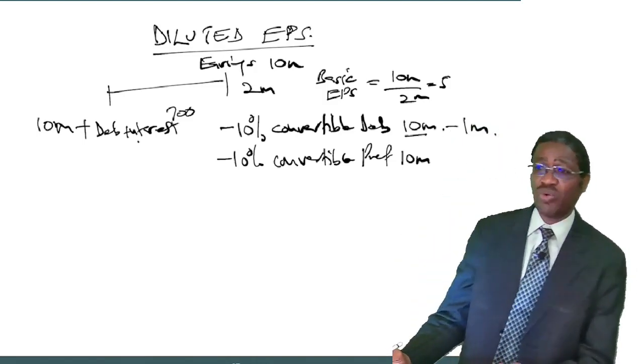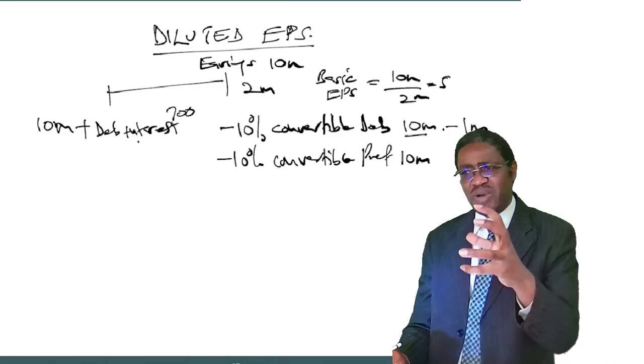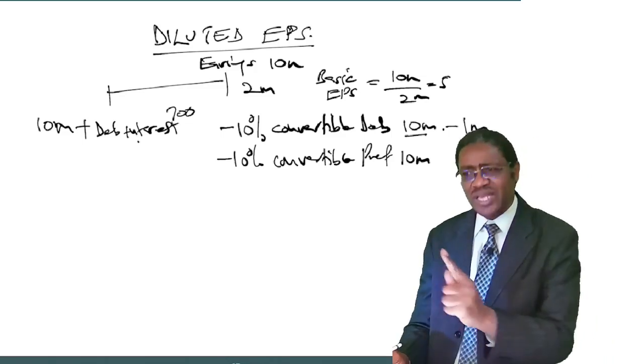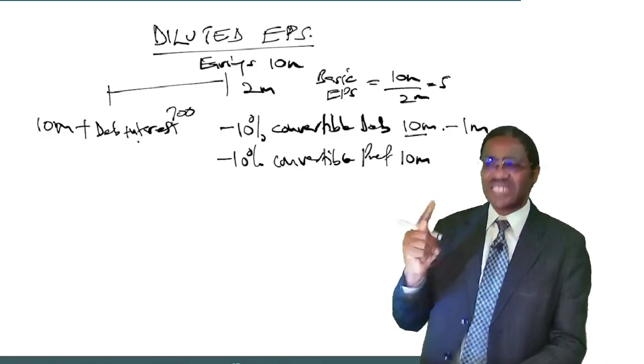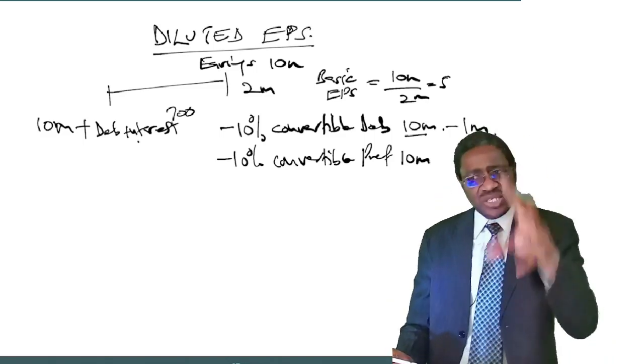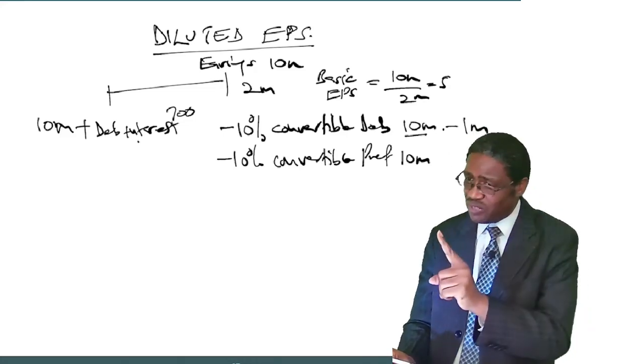Suppose your basic EPS by the end of the year again was 5 shillings.